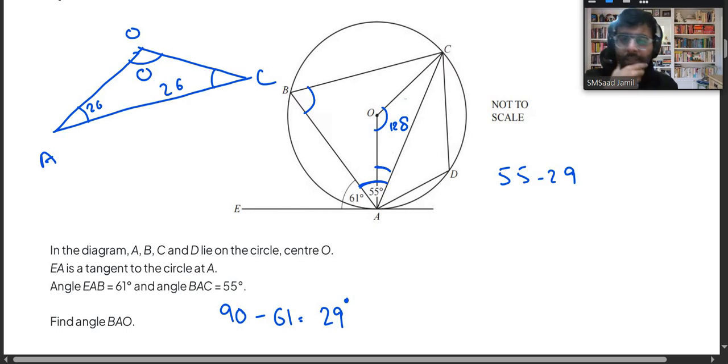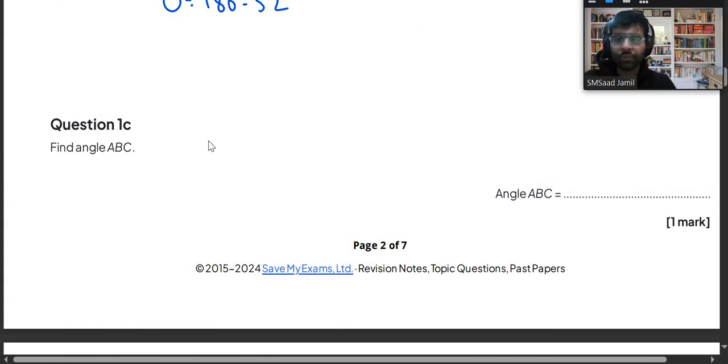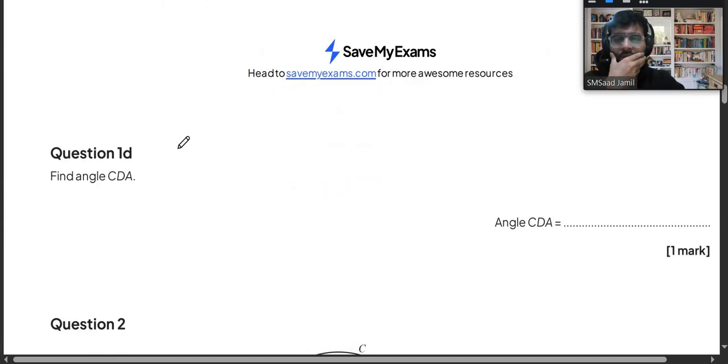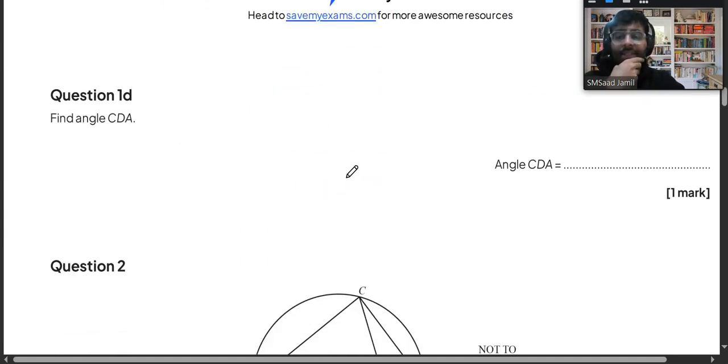Now the property that we will be using is that angle at center is twice angle at circumference, which means that this angle will be half of 128. So I will do 128 multiplied by 1 upon 2, which is 64. So the answer is going to be 64.